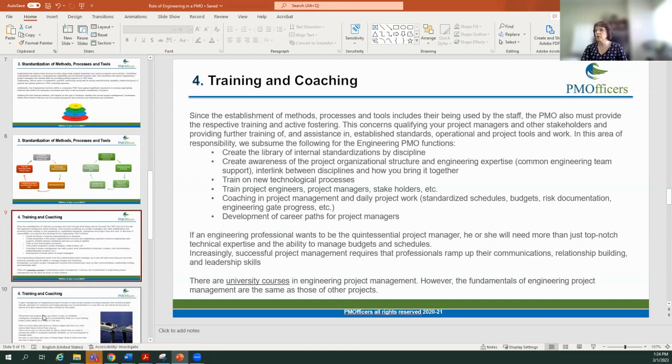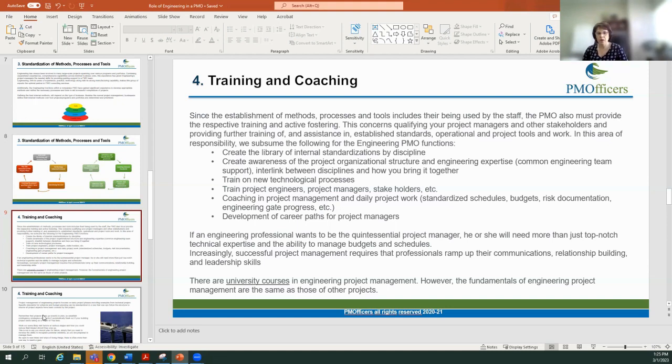Now, when we look at various companies that work under a PMO or not, we're always recognizing that training, development, and coaching is always necessary. You always have young engineers coming on board that don't necessarily have the experience of working with projects.